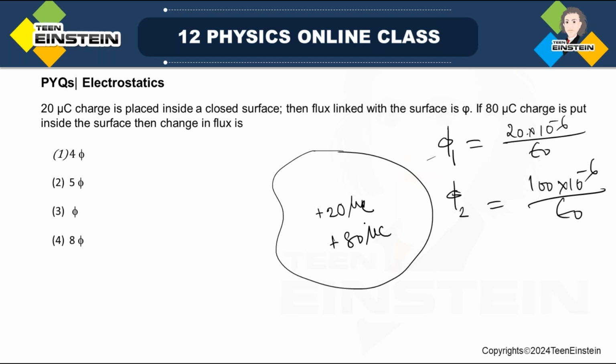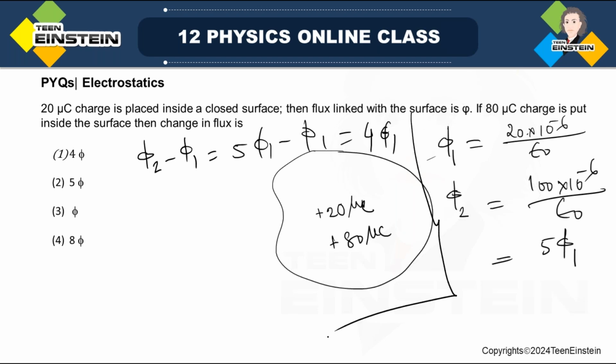So total charge enclosed by the surface divided by epsilon naught. See, now it is becoming 5 times phi 1. So what is the change? Change is phi 2 minus phi 1, that is 5 phi 1 minus phi 1. So this is 4 phi 1. That is the change in the flux.